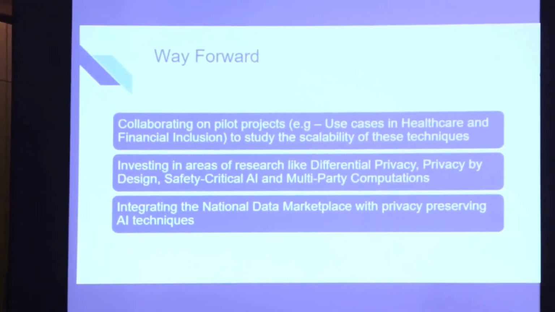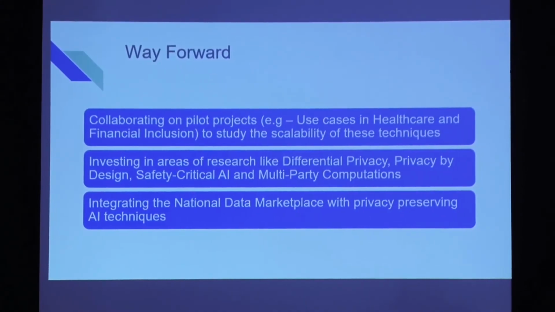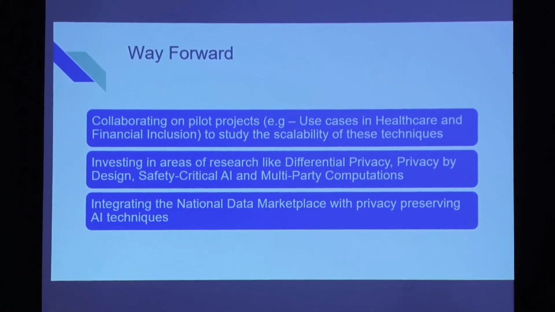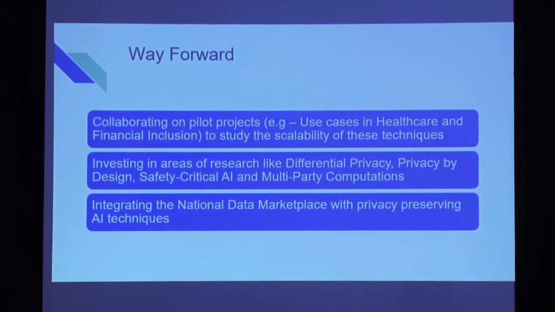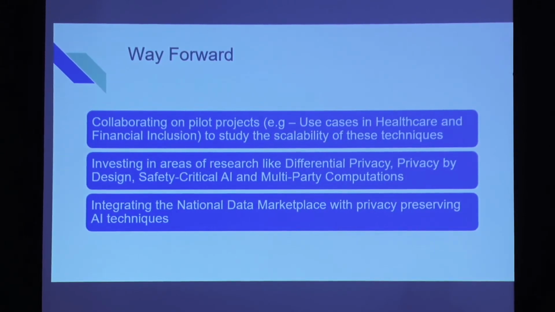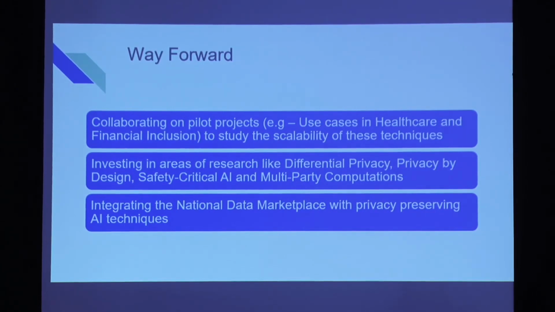We could also invest in areas of research like differential privacy, privacy by design, safety critical AI, and multi-party computation, and introduce these as research topics to study in the COREs and ICTIs that we propose in our national strategy. And in the future, we already have a framework for the national data marketplace, but once it becomes complete, we can integrate it with privacy-preserving AI techniques.